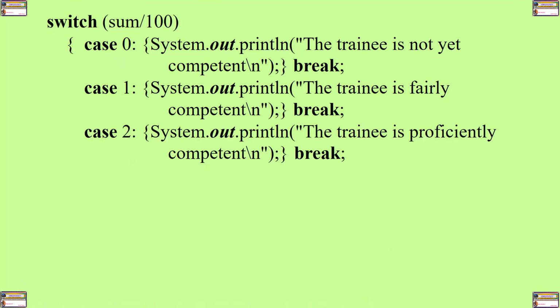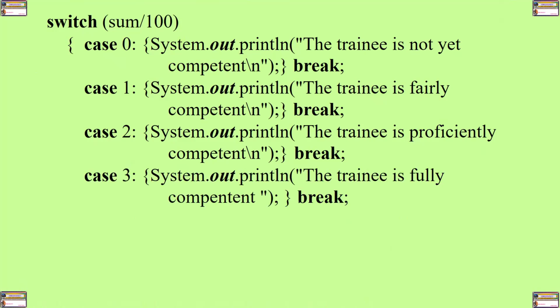But if the value of the expression sum divided by 100 results to value 2, then the statement that will be executed is the one which reads the trainee is proficiently competent, and the processor will come out of the structure.